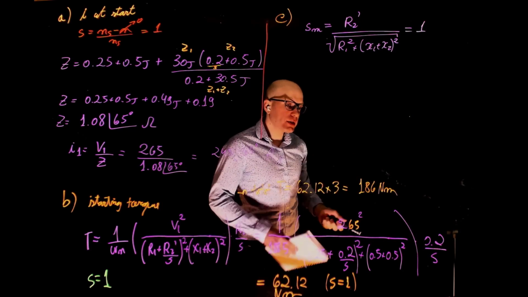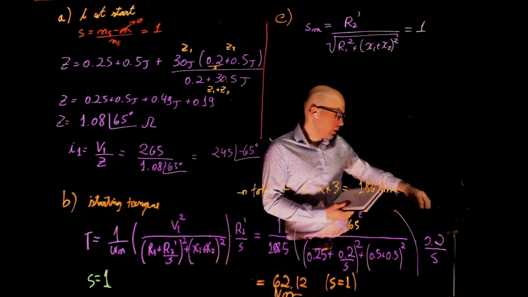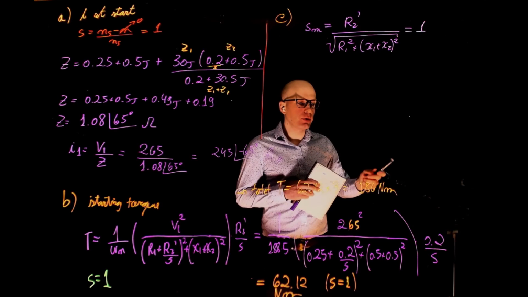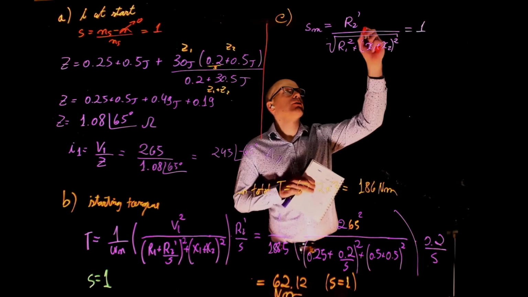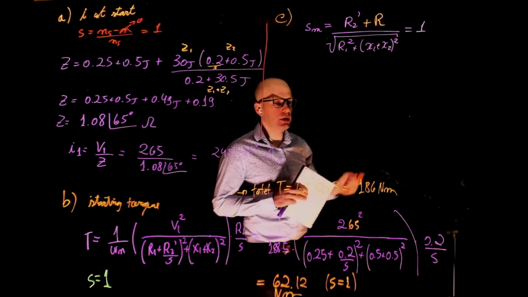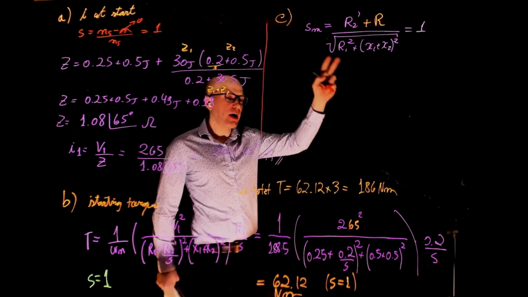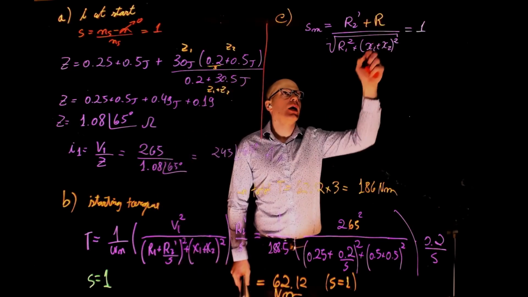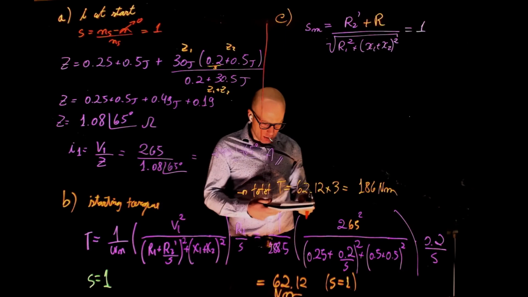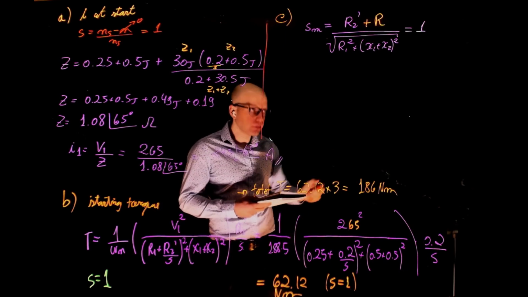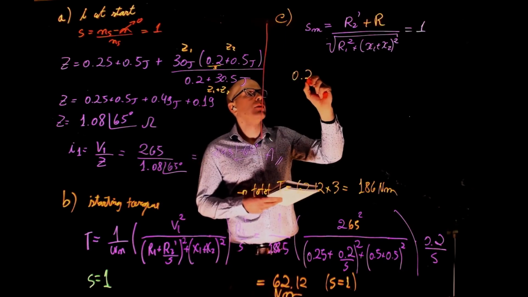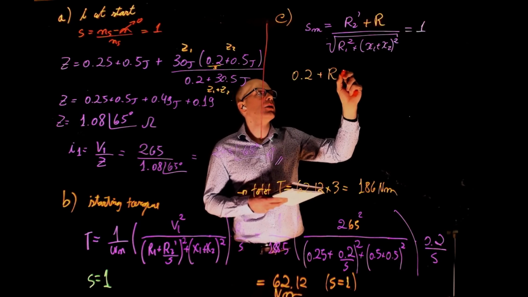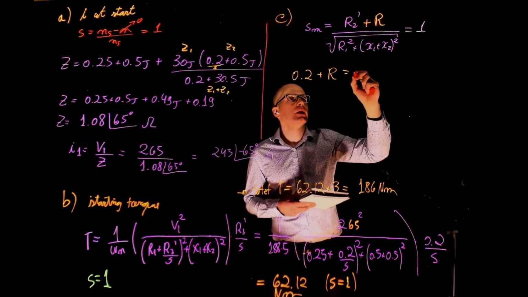And we need to add resistance to it. We have to add the resistance to the rotor using one of those configurations that we saw before. So let's add a resistance here, plus R. We have everything in this circuit except for that R. R2 is 0.2 plus R equals 1 that multiplies the entire square root here.